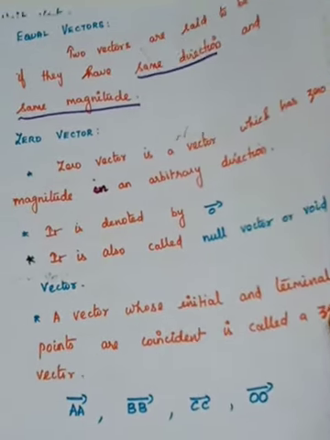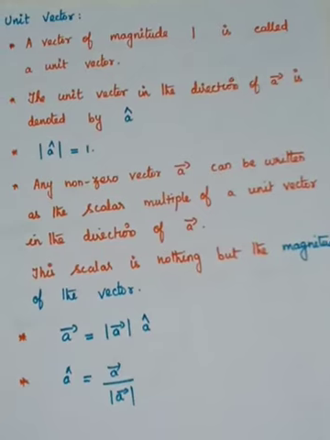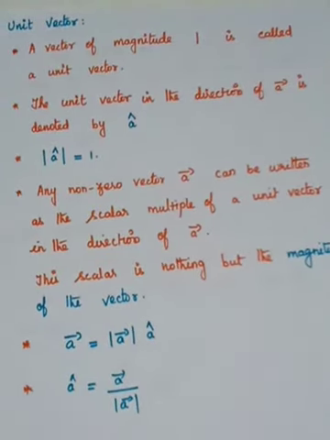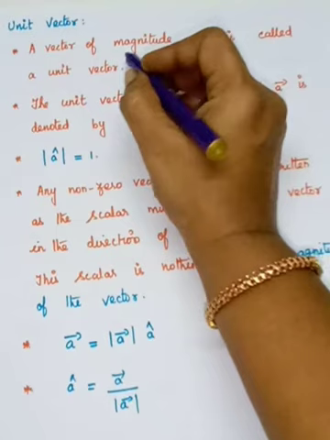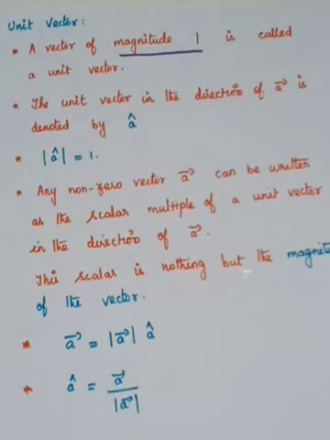Okay, the next one, we are moving to the next type of vector, that is the unit vector. It's very important. A unit vector is a vector of magnitude 1. A vector of magnitude 1 is called a unit vector. So if the length of the line segment of the vector is 1, that vector is a unit vector.